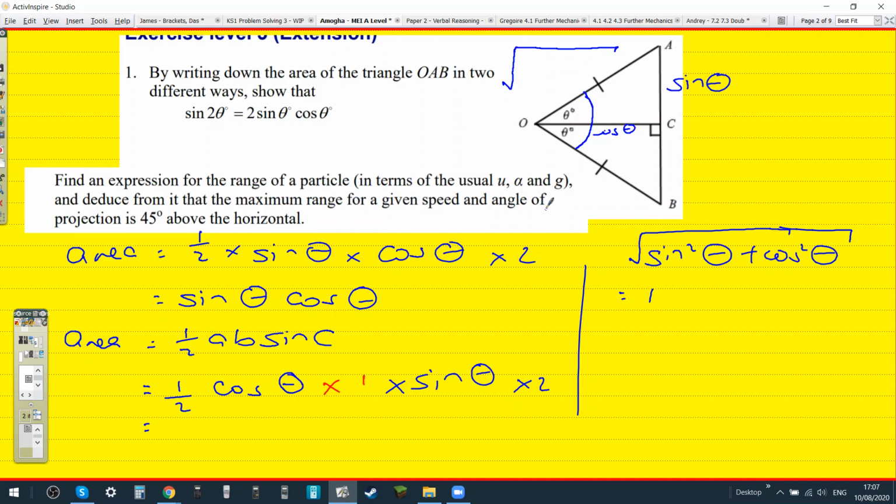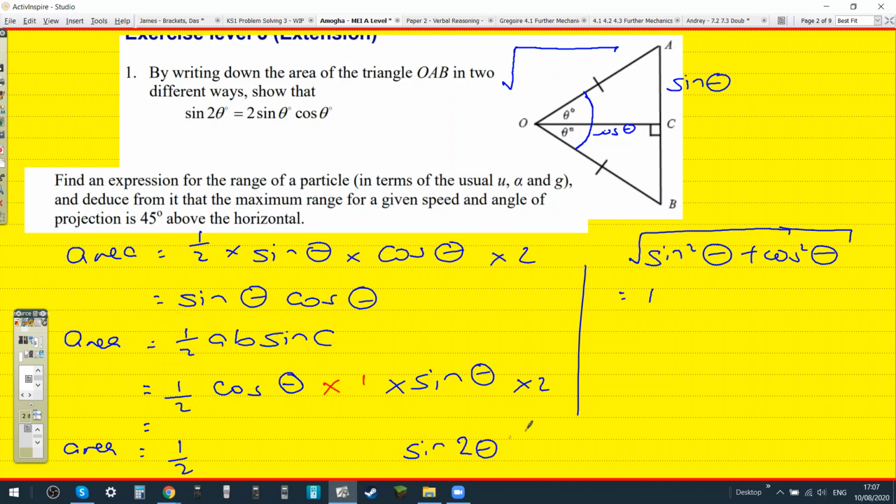That would be 2 theta. So a half AB sine C. That'll be a half. What is A? What is B? Sine C would be sine 2 theta.